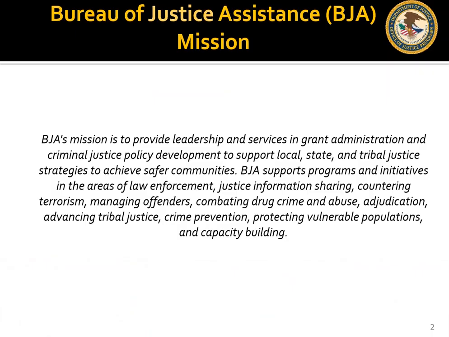The Bureau of Justice Assistance, we are actually very comprehensive as far as the resources that we provide. Our overall mission is really to provide leadership and services around grants administration, as well as policy and development for local, state, and tribal justice strategies to achieve safer communities.